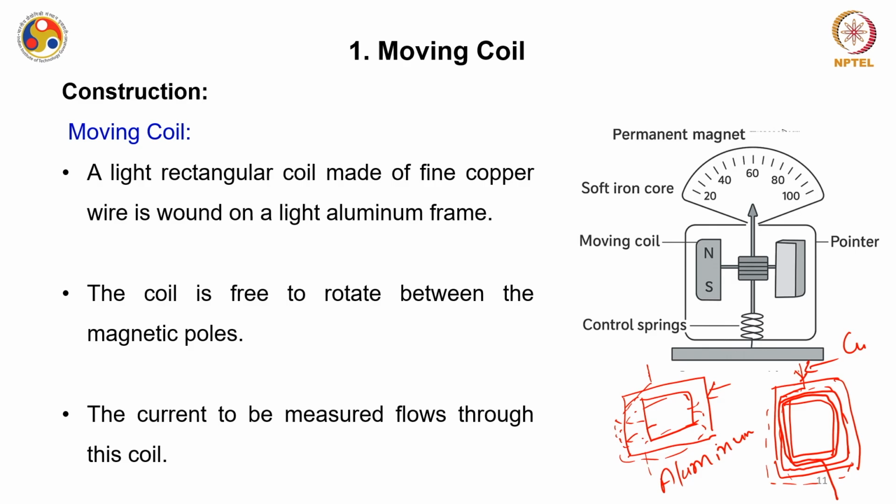So basically the arrangement you have is like this. You have this magnetic system, in between you have this core, and then you have this aluminum frame, and on that you have this wire.